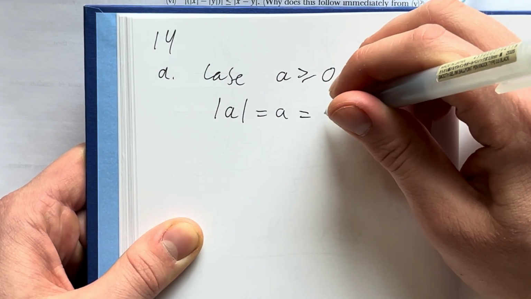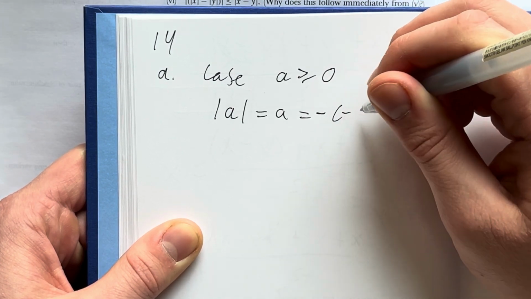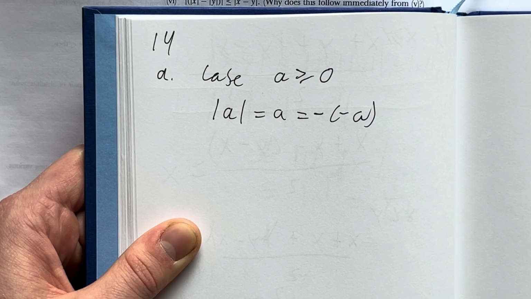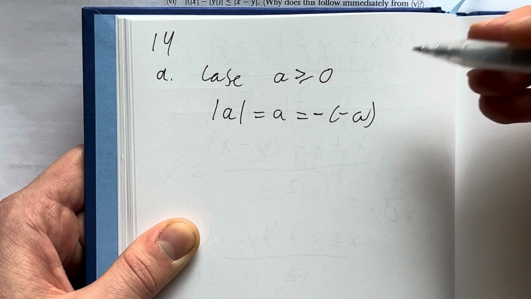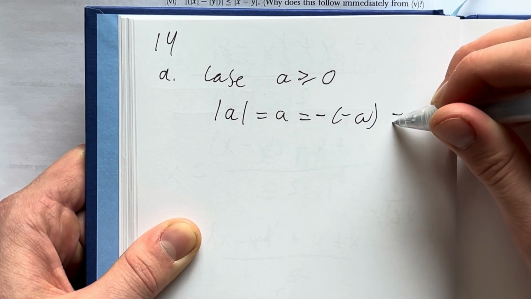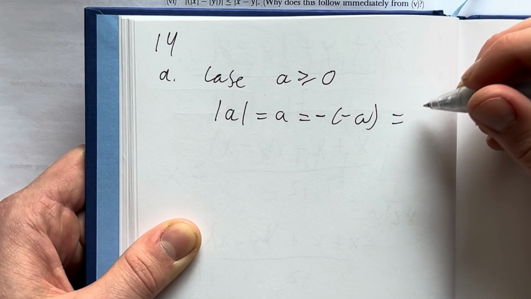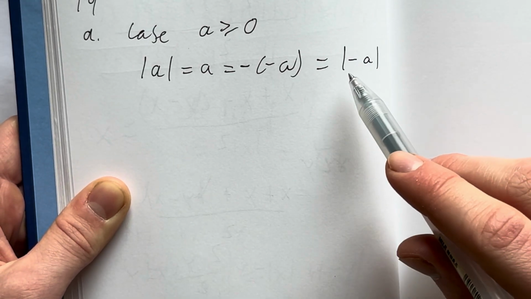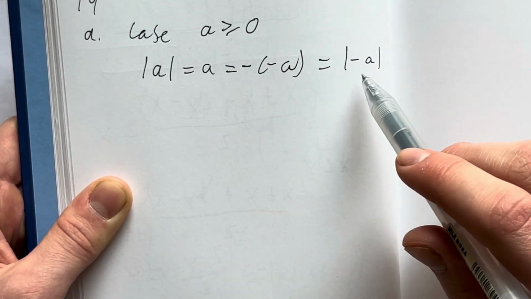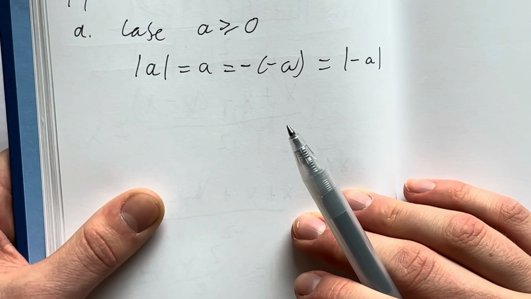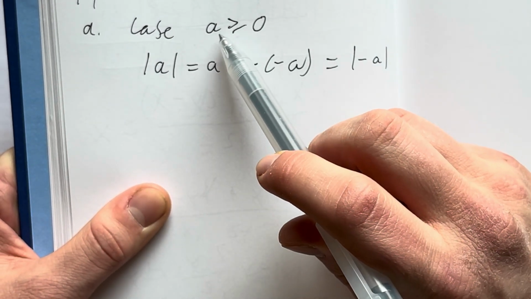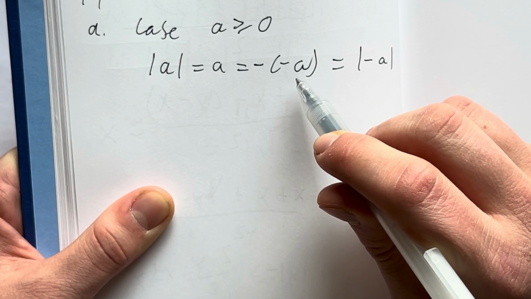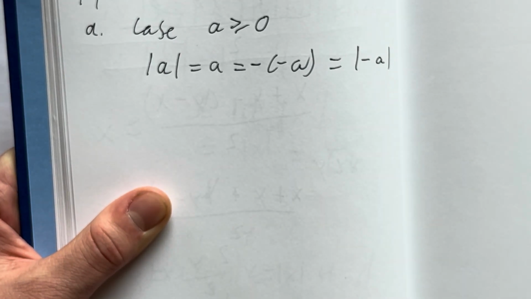And this is equal to minus of minus a, right? And then we can do this trick: this is equal to the absolute value of minus a, because if a is greater than or equal to 0, then minus a is less than or equal to 0.